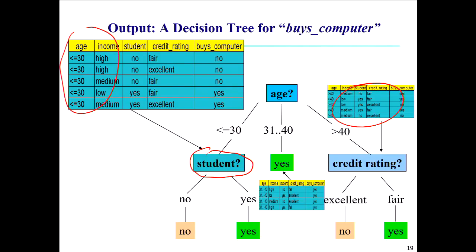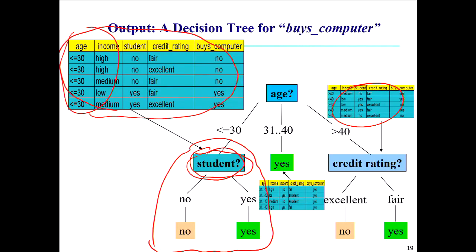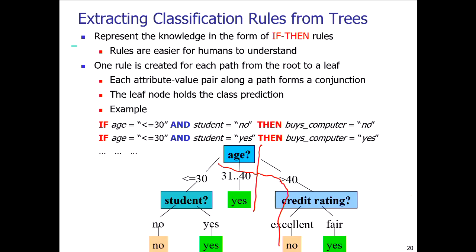For example, when you go here, you can view this part as a subtree corresponding to this part of data, which means the big problem can be split into sub-problems that have similar forms. This gives us the intuition that we can use a recursive algorithm to construct the tree.